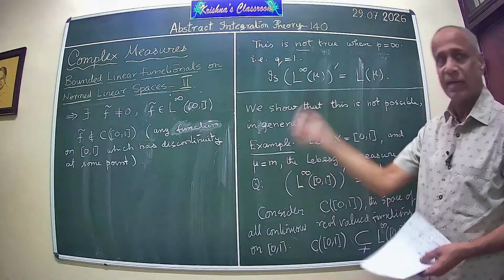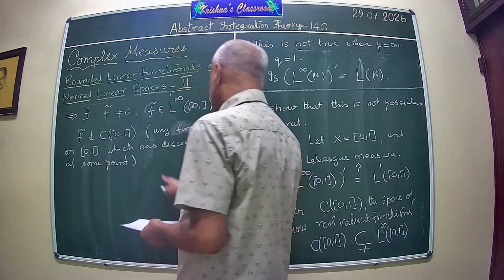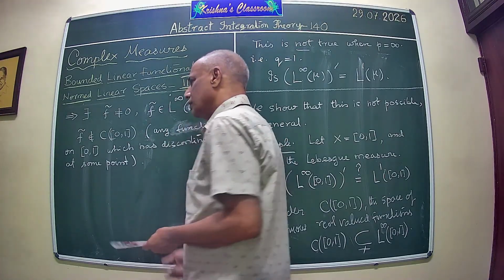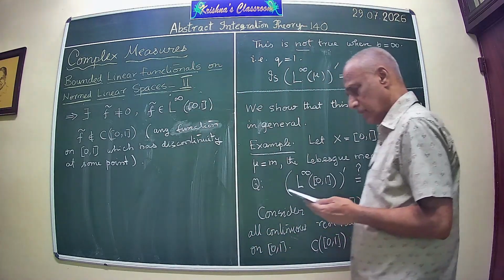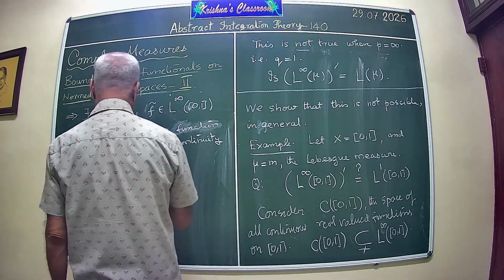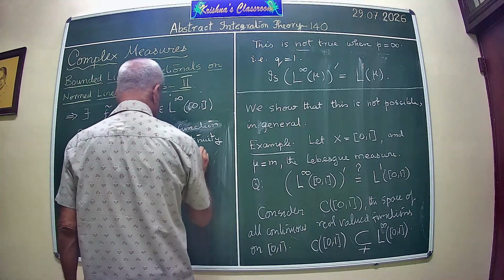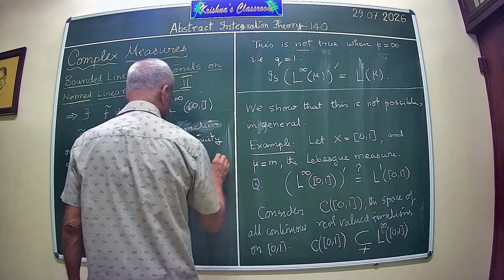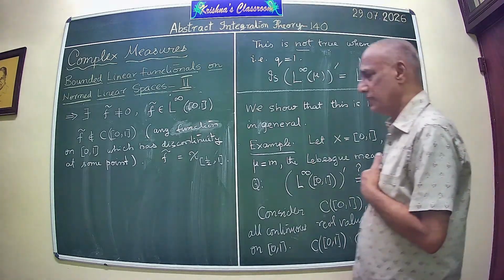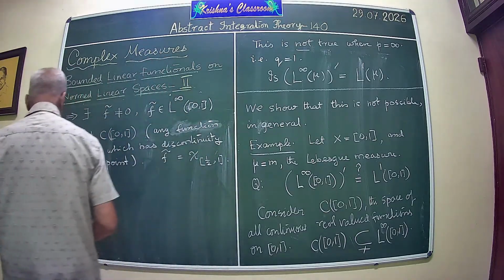So at half you can have a discontinuity. The function can be 0 on the interval 0 to half, and from there on it should be taken as 1. For example, take f tilde to be the characteristic function of the interval from half, which is a discontinuous function.